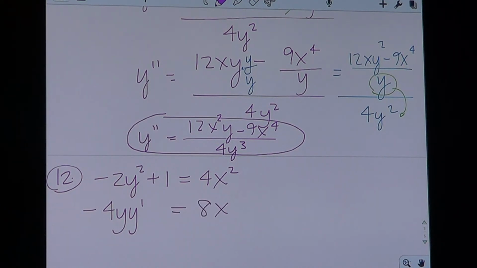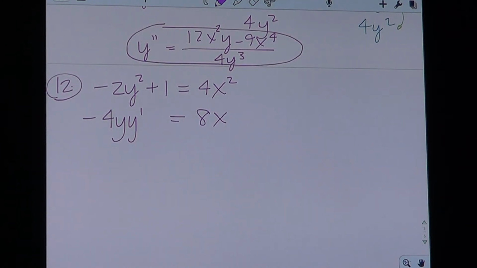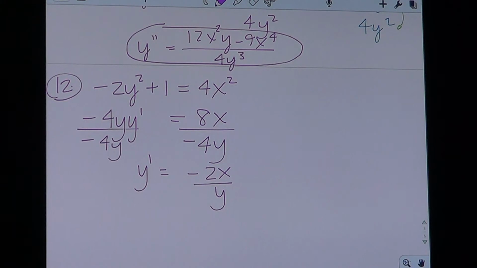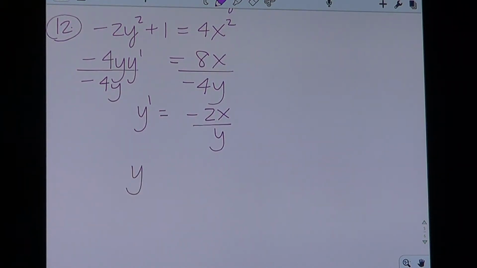Good? And then y prime equals 2x over y. And you need a negative in there somewhere. And then we take the derivative of that.